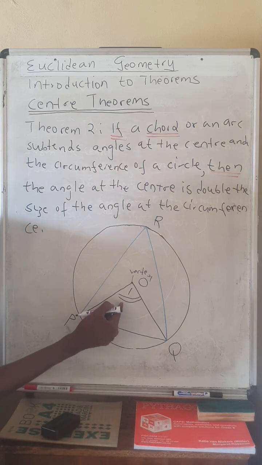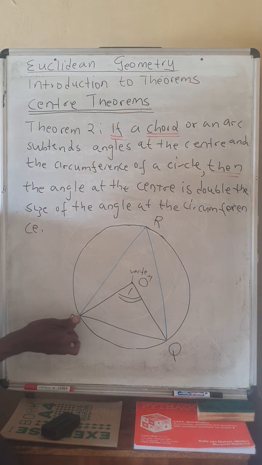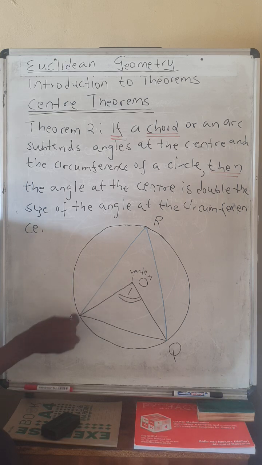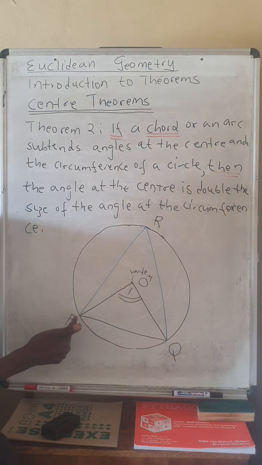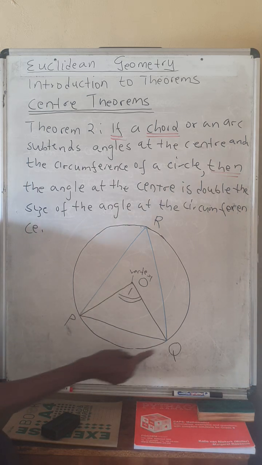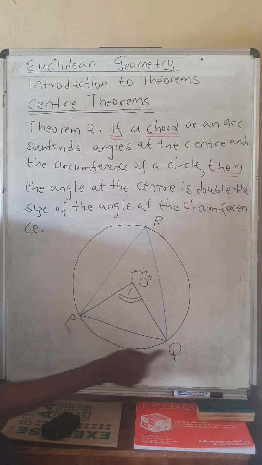Yes, the chord is called PQ. Remember I told you that a chord can subtend an angle if the arms of that angle touch the end points of that chord. Are the arms of this angle, OP and OQ, touching the end points of chord PQ? Yes. The end points of PQ are P and Q. This end point is touched by this arm, the other end point is touched by OQ.